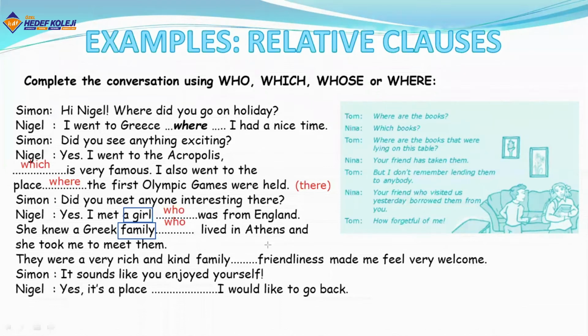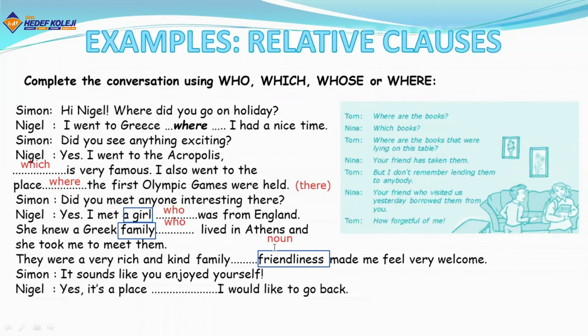Okay, look here. Friendliness. It means arkadaş canlılığı, misafirperverliği gibi düşünün. It is a noun, right? Yes, it's a noun. So it gives a clue that we have to use whose. Do you remember what I said?